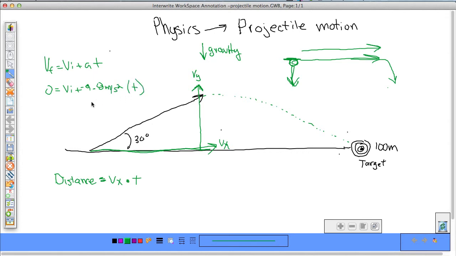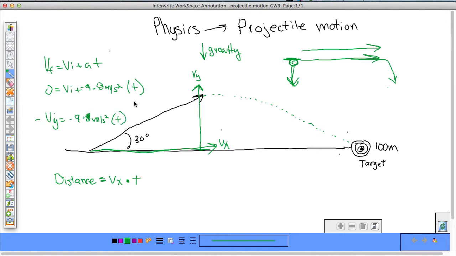So you could say the velocity in the y direction equals negative 9.8 meters per second squared times our time.